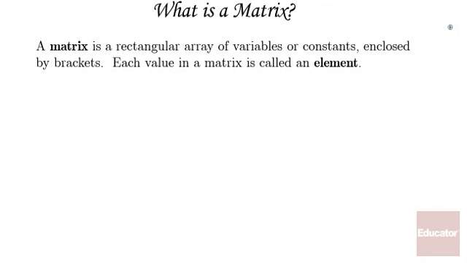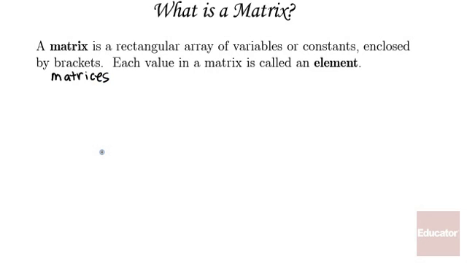First of all, defining what a matrix is. Well, a matrix is a rectangular array containing variables or constants, which is enclosed by brackets. And the plural form of the word matrix, which I just used, is matrices. So you'll hear me say that in the course.